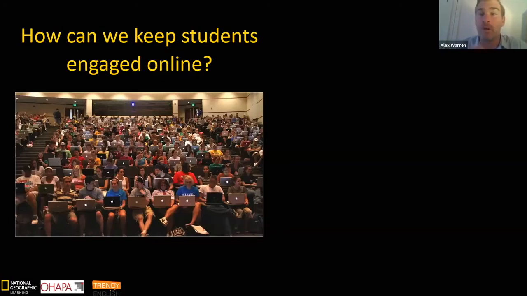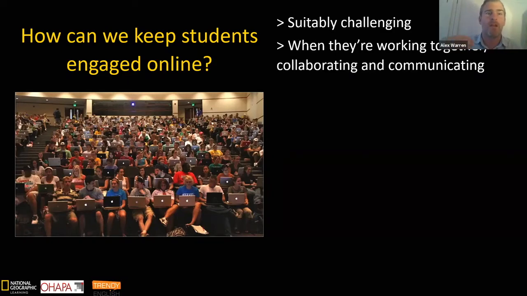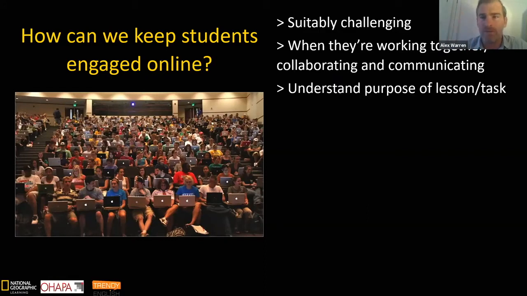Okay, so look, all good ideas, and they're all on my list. It has to be suitably challenging. When they're working together, when they're communicating, when they're collaborating, that's what they enjoy most. When they understand the purpose of the lesson, the task, they know where they're going.